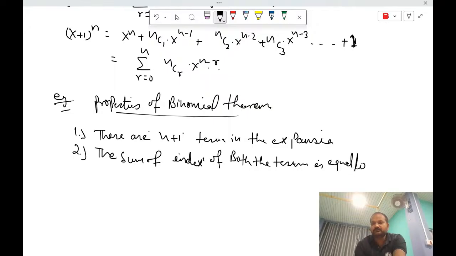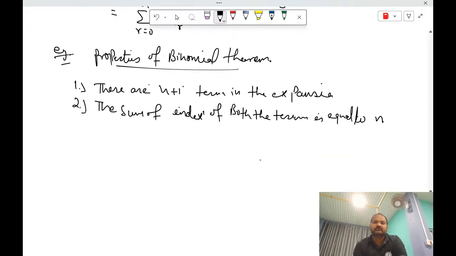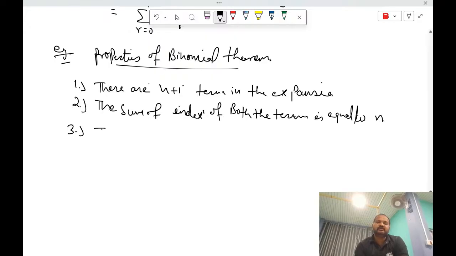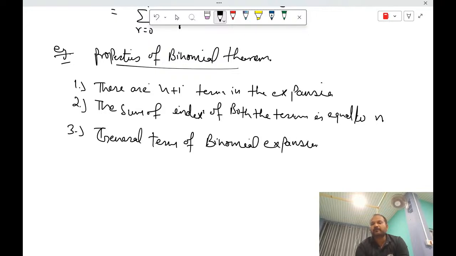And third, the general term of the binomial expansion of (x plus a) to the power n can be written as T(r plus 1), which is equal to nCr into x to the power n minus r into a to the power r. This is the general term of (x plus a) to the power n.